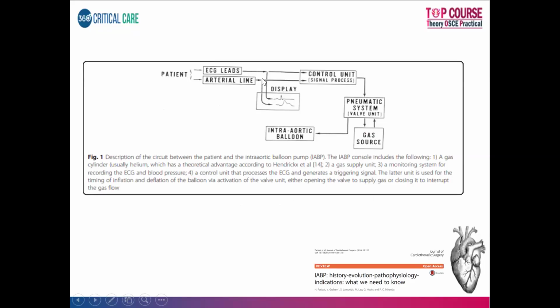Then that will be connected to the control unit. And the control unit in turn would be connected to the pneumatic system, which keeps the intra-aortic balloon pump in motion based on the inputs received from the ECG leads and the arterial line. And then the pneumatic system is maintained by the gas source.